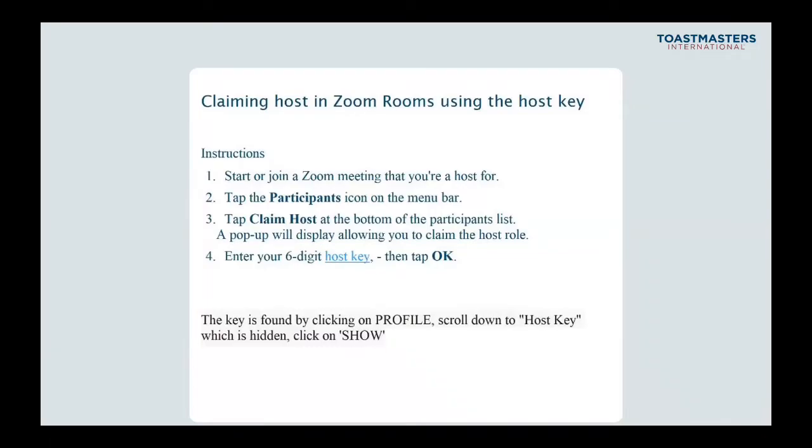If they click on that, there will be a line that says claim host at the bottom of that list. If they click on that, a pop-up will come in, and that number that you just saved from your profile page, they can put in here and tap OK. Now they are the host.